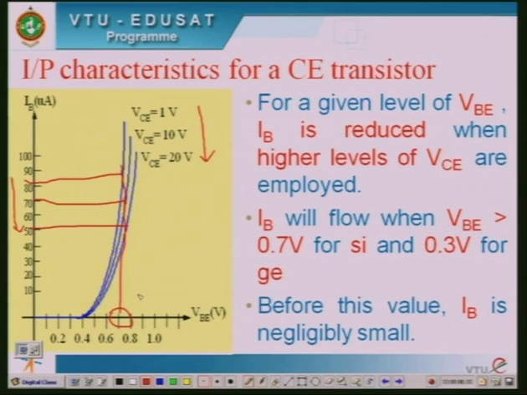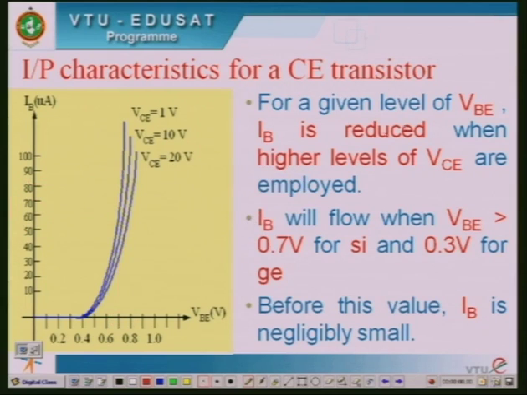So, I repeat. For a given value of VBE, that is a constant fixed value of VBE, whenever the VCE increases from 1 volt to 20 volts, correspondingly the base current decreases. That you can see from this particular slide.